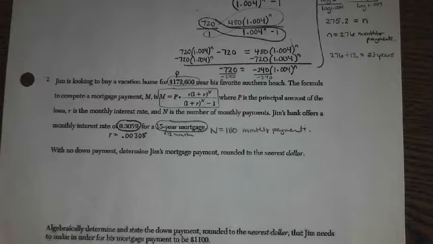What's the amount that you actually have to borrow? What do you think, Lucas? $162,600, right? Your down payment is what you have already, and you're not borrowing that money, you're just paying that. What you're borrowing is what's left over.